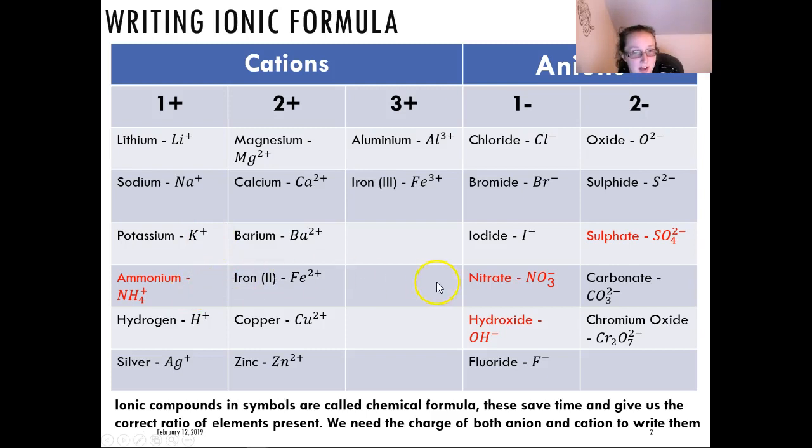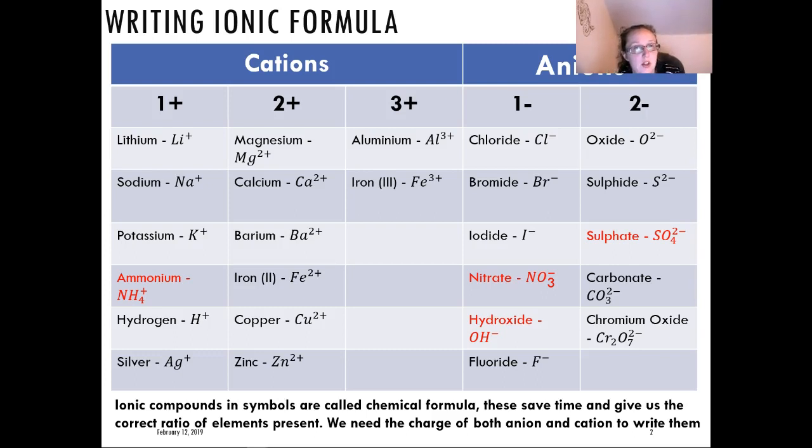So they will never give you these four. You just need to be able to remember them. So it's ammonium, which is NH4 1+, nitrate, which is NO3 1-, hydroxide, which is OH-, and then sulfate, which is SO4 2-. So those are the ones you just need to memorise.